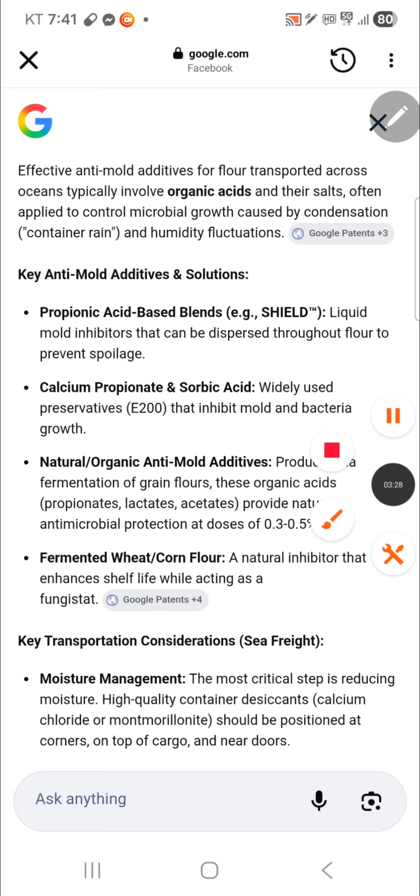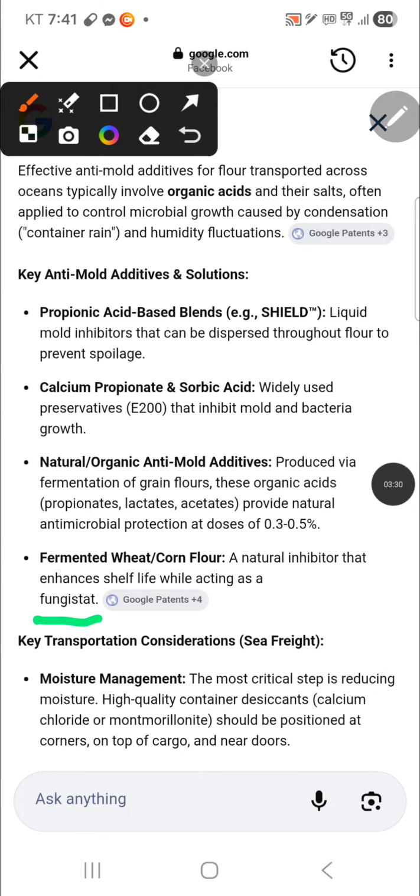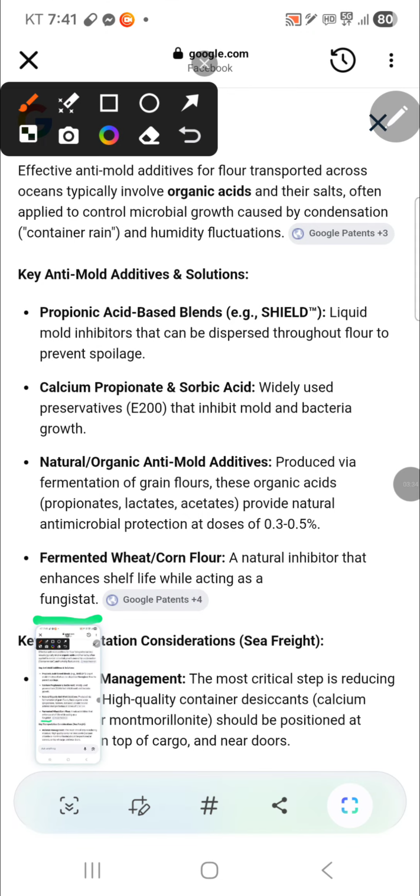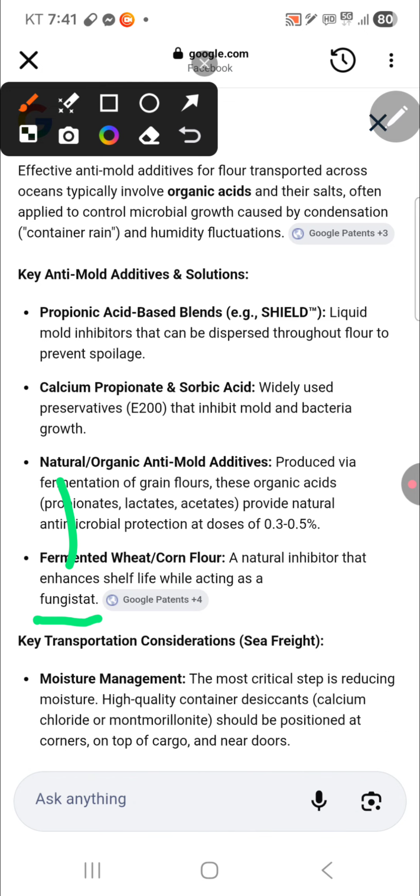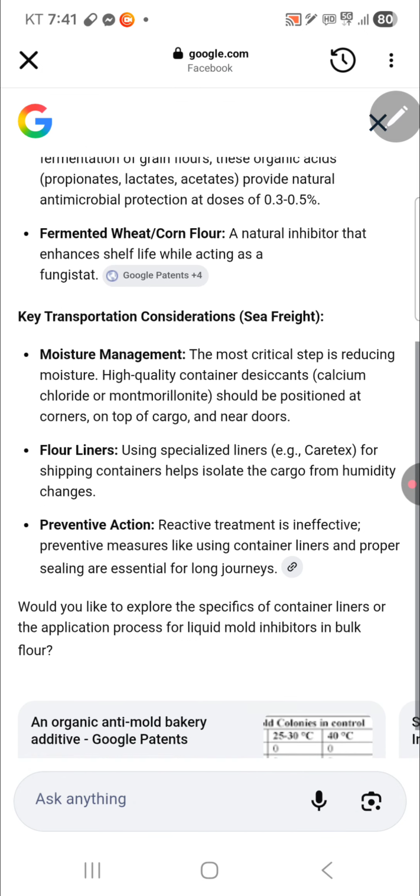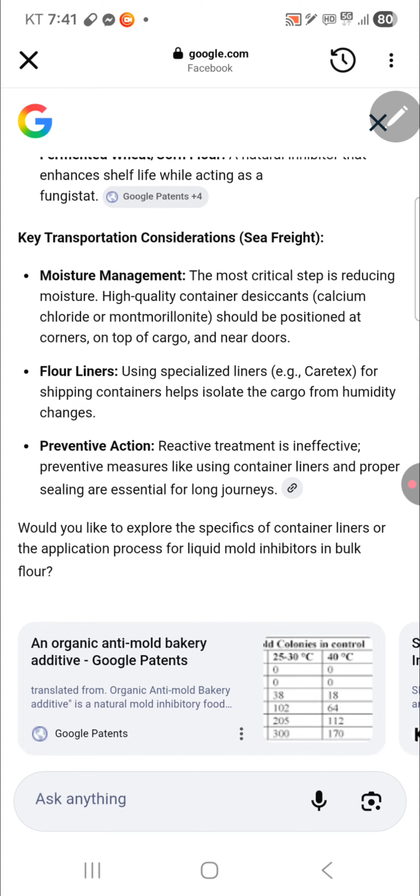Fungistat. What is a fungistat? Key transportation considerations. Sea freight, moisture management. The most critical step is reducing moisture.